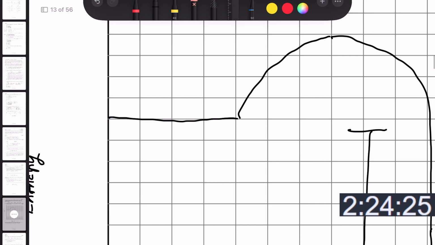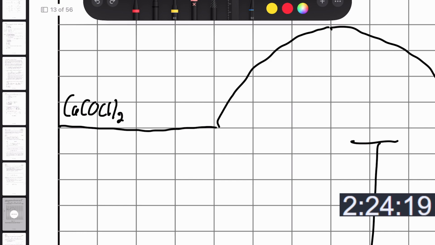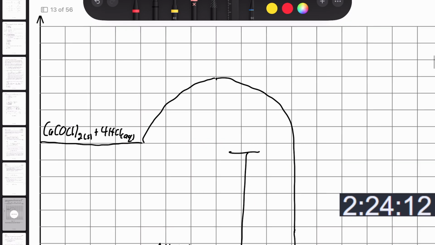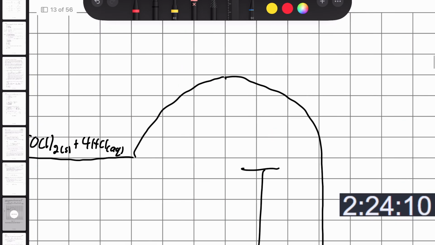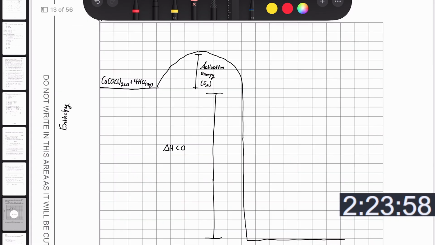And here will be our CaOCl2 plus HCl aqueous. And we can say that this is our activation energy, EA.